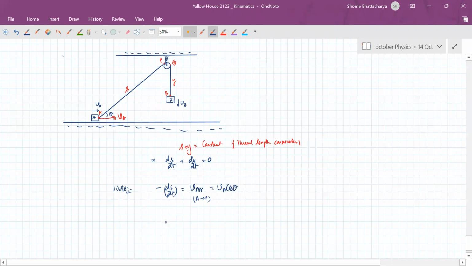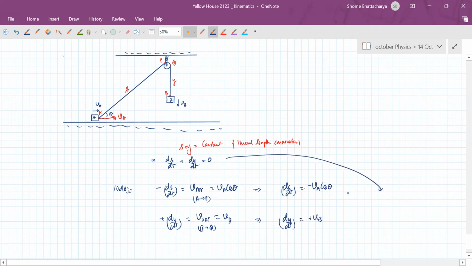And this quantity Y is increasing at the rate which is equal to the separation velocity of B from the point Q. So that is equal to plus VB. So what this tells me is that S is decreasing at the instantaneous rate VA cos theta, and Y is increasing at the instantaneous rate plus VB.